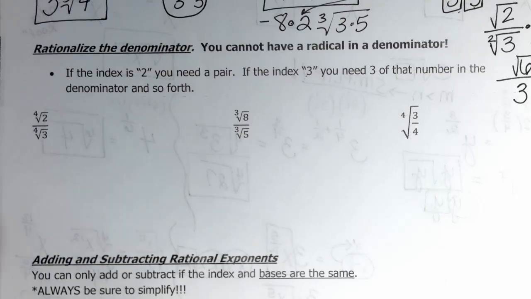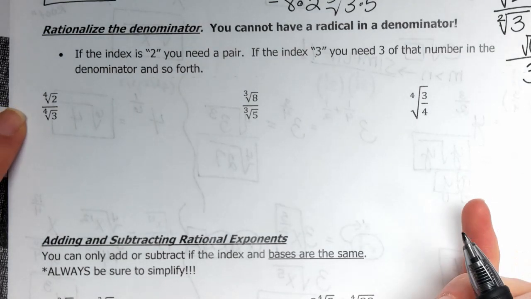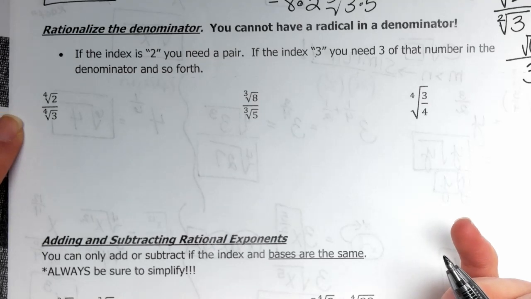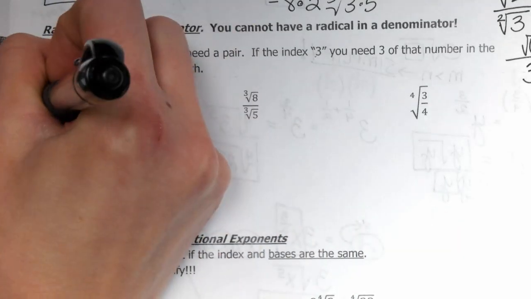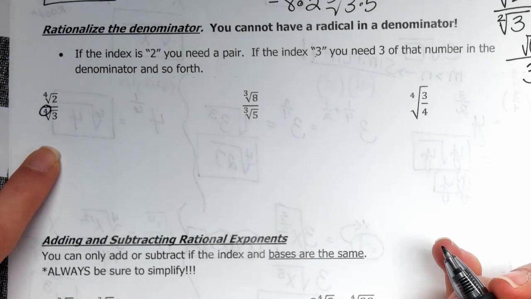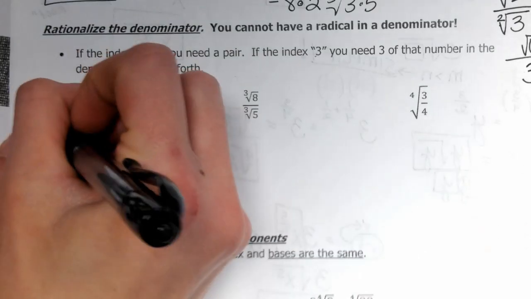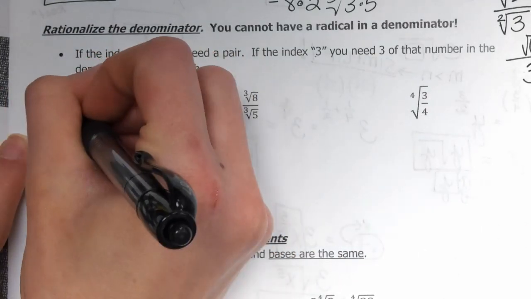So when I have the 4th root of 2 over the 4th root of 3, my index tells me I need how many of the same number? I need 4. I need 4 3's because my denominator is what I can't have, right? I need 4 3's. I have 1 of them.